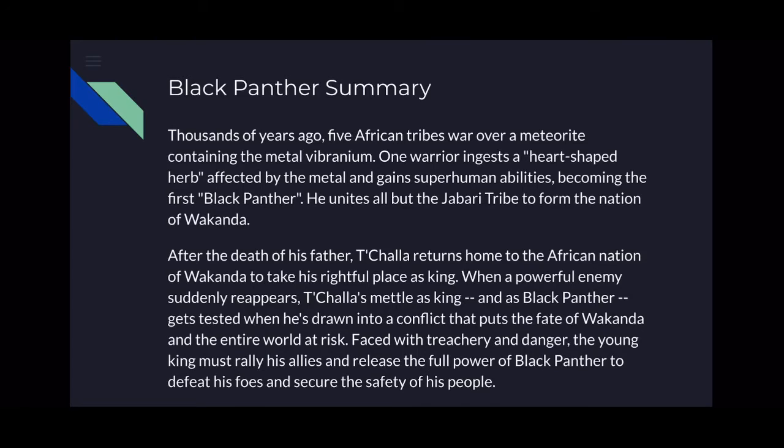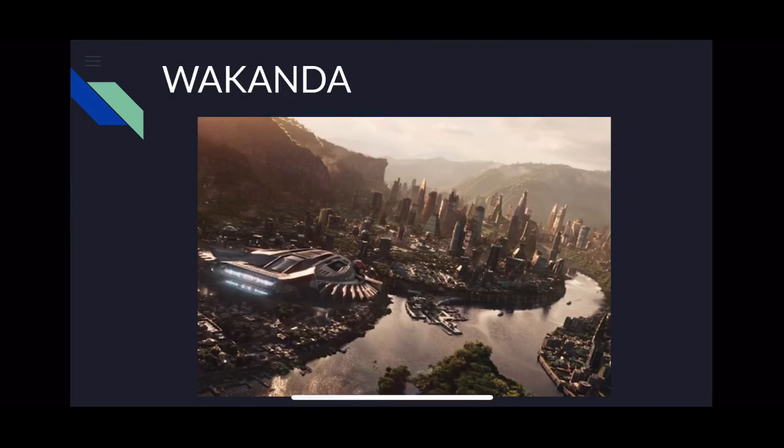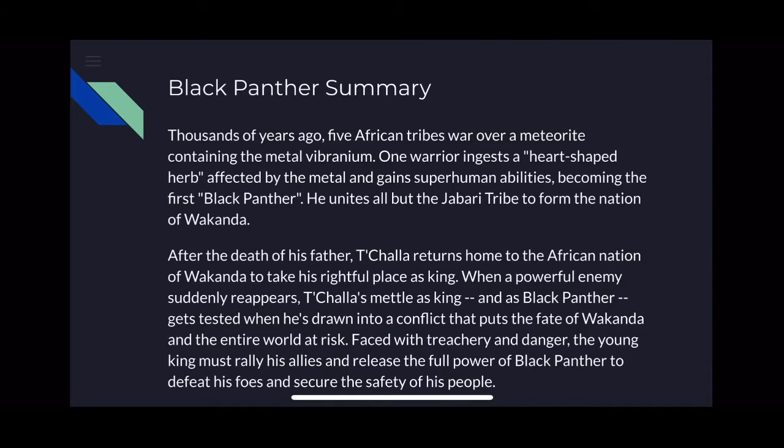And then after the death of King T'Chaka, his son T'Challa returned home to the African nation of Wakanda to take his rightful place as king. After a little while of peace, prosperity, and hiding in isolation, a powerful enemy that was the American cousin of T'Challa shows up and tests the throne of Wakanda.